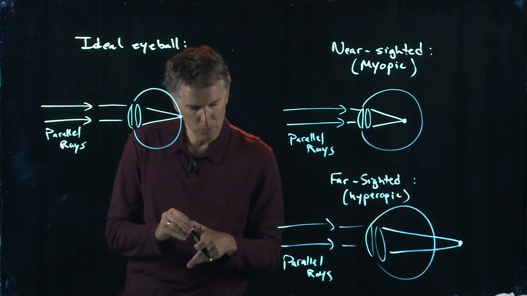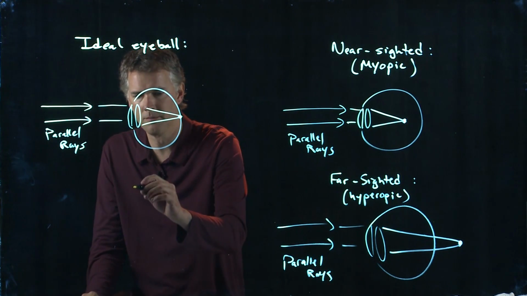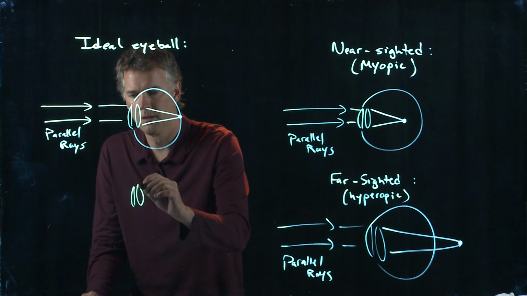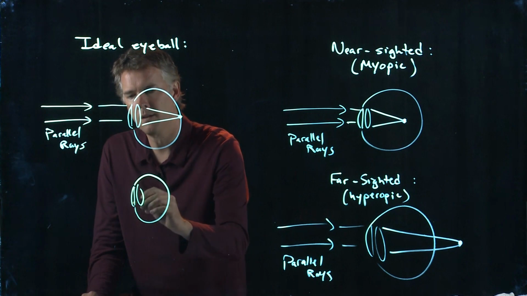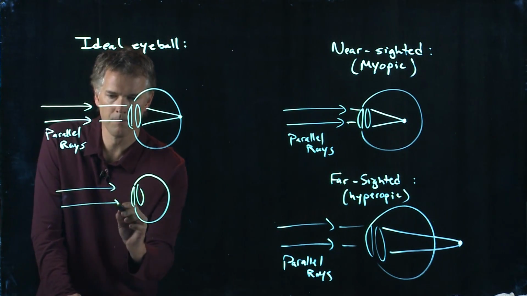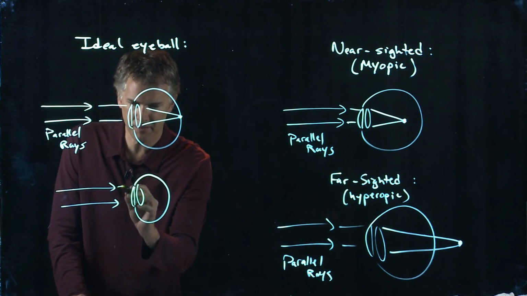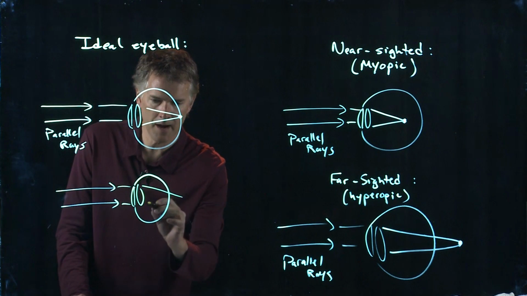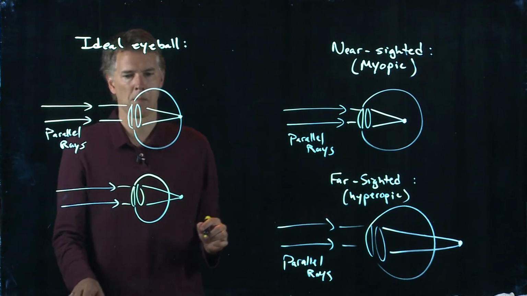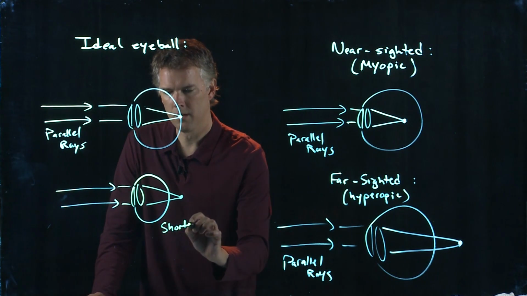Let's draw it again, but we're going to make the distance from the lens to the retina shorter. Okay, so now parallel rays that come in are still going to focus to the same spot as this first picture, except it's now behind the eyeball. Okay, so this is a shorter eyeball.